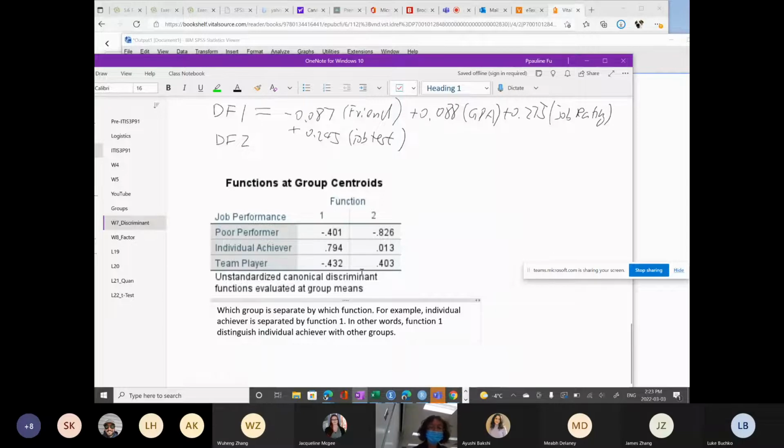And then let's look at the second column, function 2. Function 2 separates team players from poor performers.